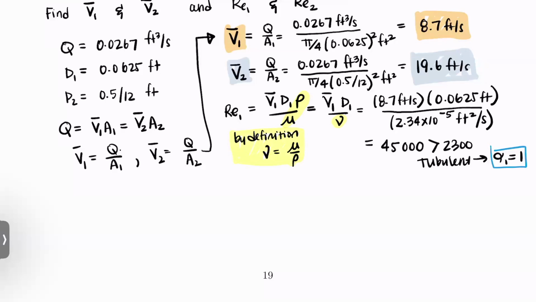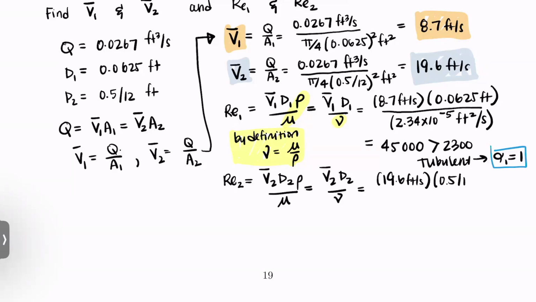Okay, so let's find Reynolds number at point 2. So we have V2 D2 rho over mu. And again, I'm going to make this V2 times D2 over nu, which is 19.6 feet per second times 0.5 over 12 feet. And then viscosity stays the same as last time.